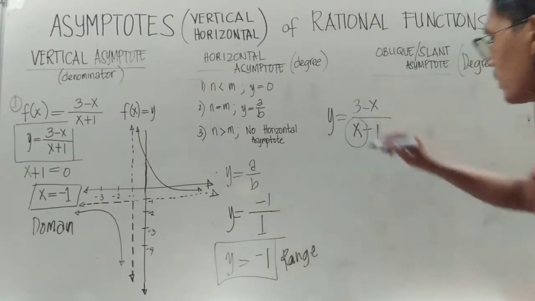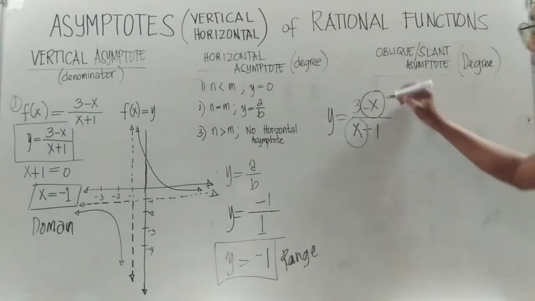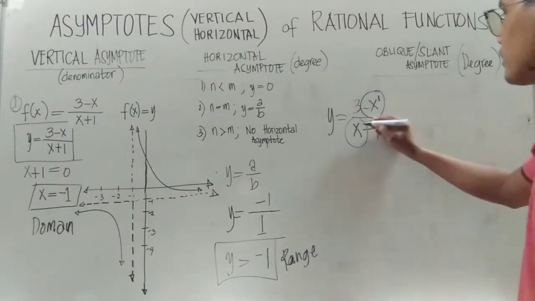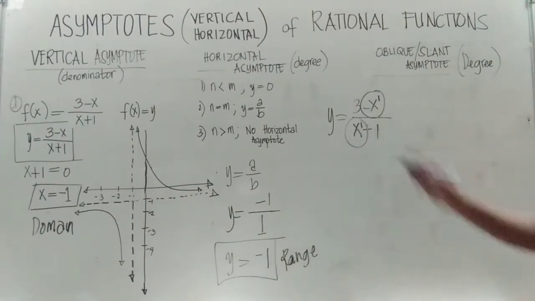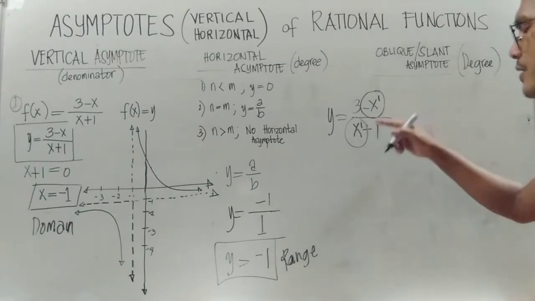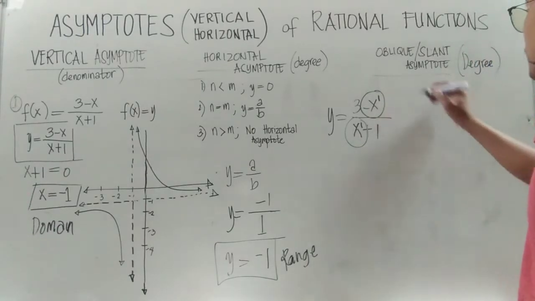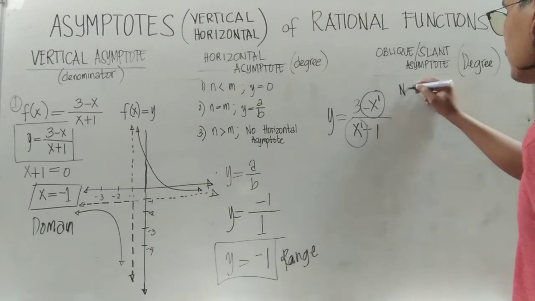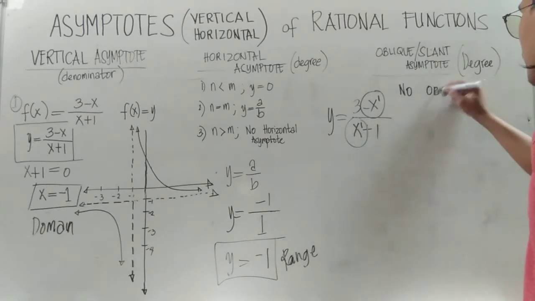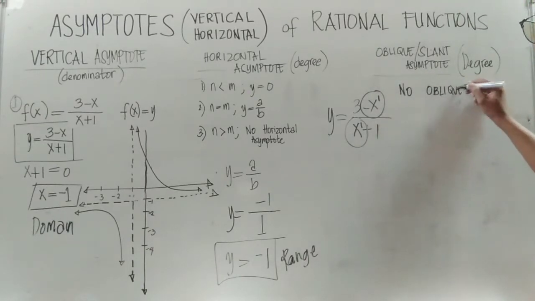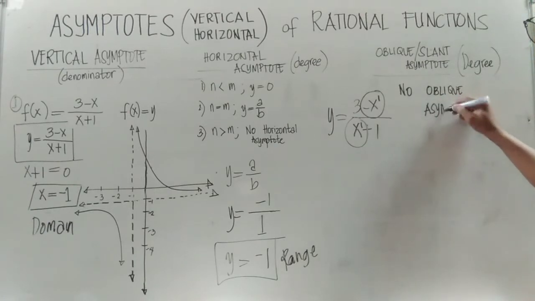What is the degree of the numerator? 1. The degree of the denominator is also 1. So when the degrees are equal, we have no oblique asymptote. Simple as that.